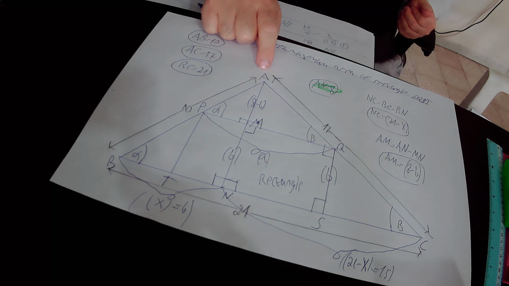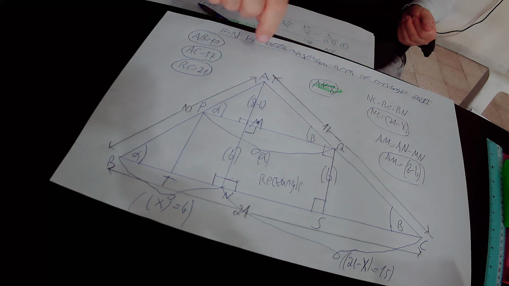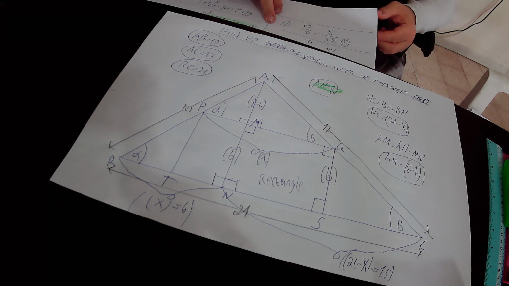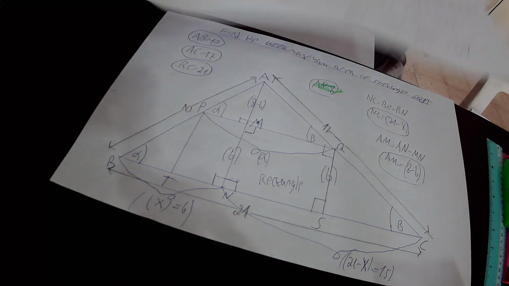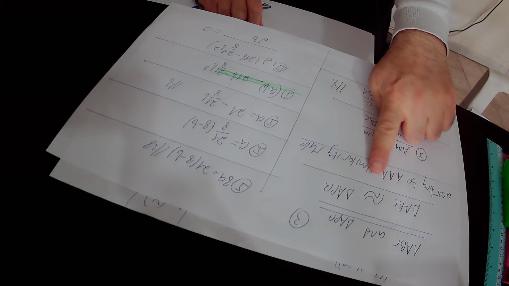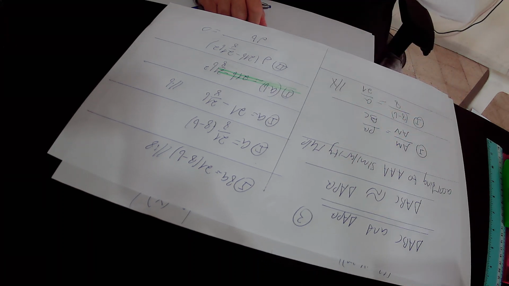So we found that all the angles in the big triangle ABC are correspondingly equal to all the angles in the small triangle APQ, and therefore those two triangles are similar according to the angle similarity rule. So the big triangle ABC is similar to the small triangle APQ, according to the angle similarity rule.